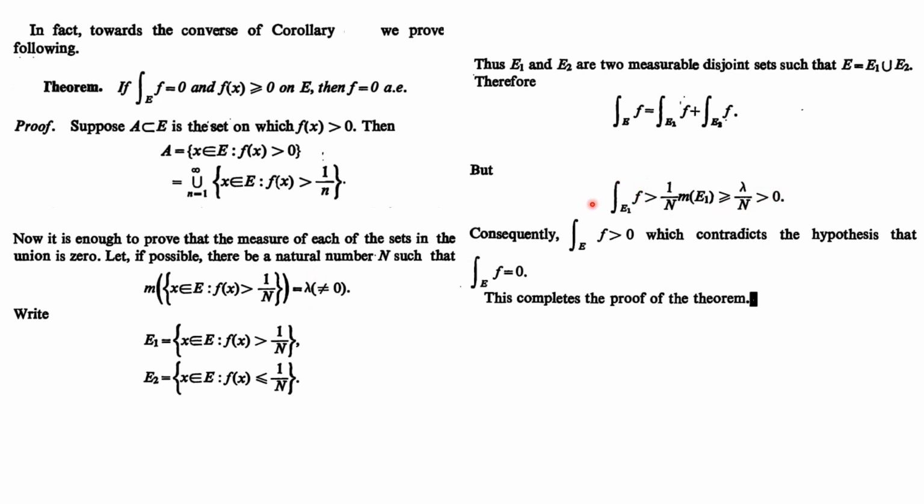So what we get is that the integral of f over E1 is strictly greater than 0. This is also some positive integral. Now why? Since it is given that the function is greater than or equal to 0 on E, this implies the integral of f is always greater than or equal to 0 by property D.